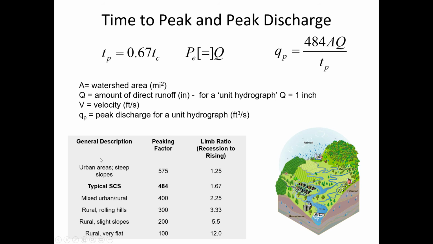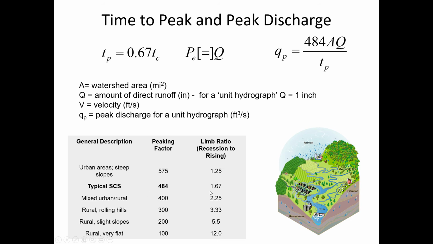And if you have a really steep urban watershed where it's going to be even flashier than might be predicted by the base assumptions of this equation, then you could increase the peaking factor. What we'll do is we'll just go with this base typical SCS, but here in West Virginia we kind of have unusually steep slopes, but we also have relatively high quantities of vegetation in the watersheds.